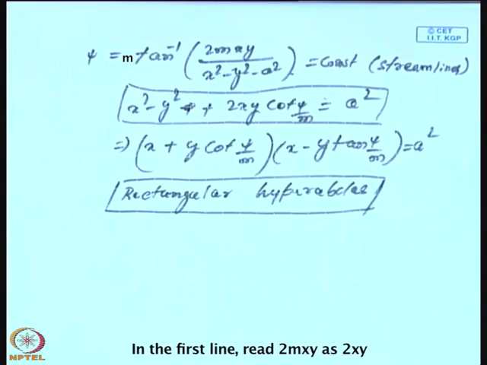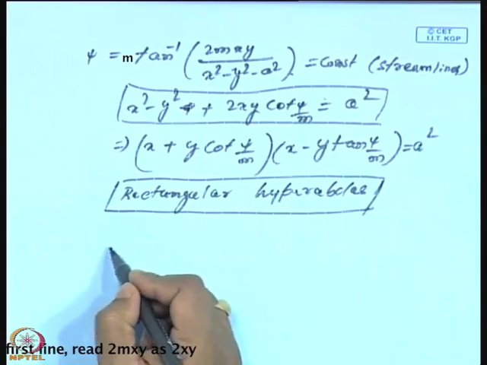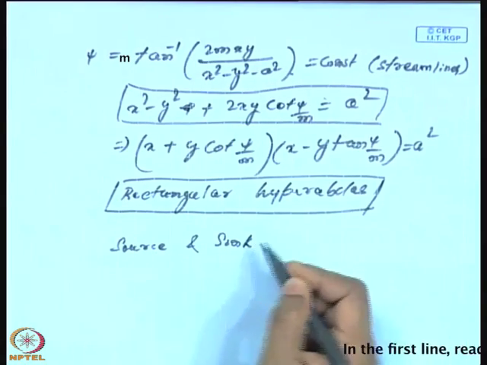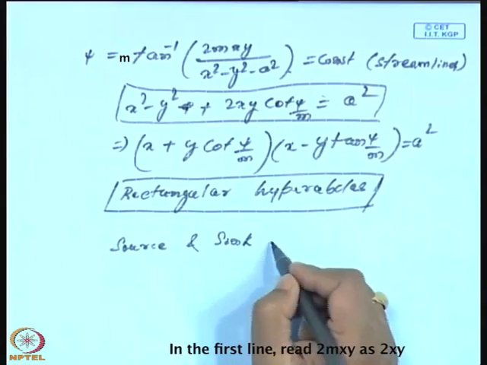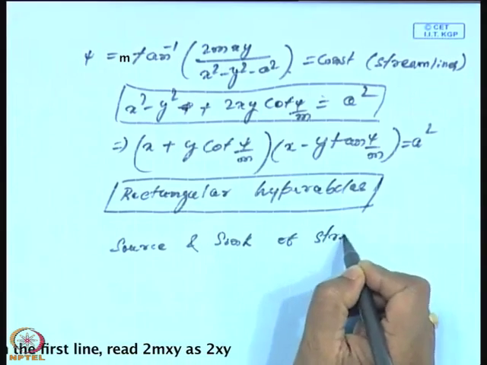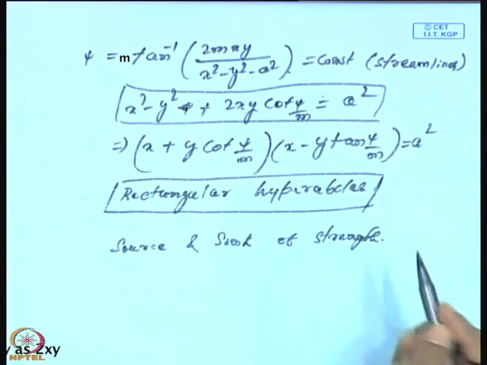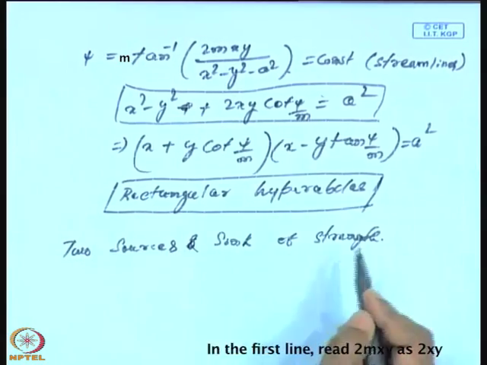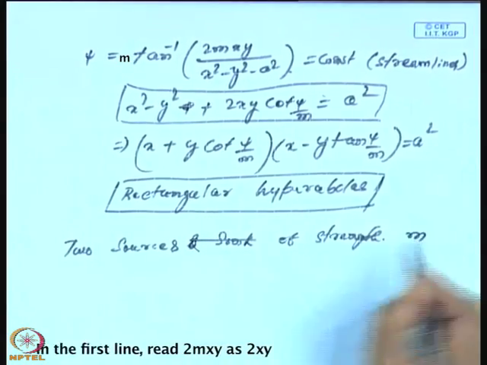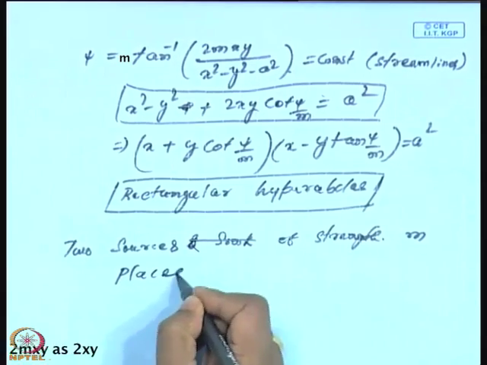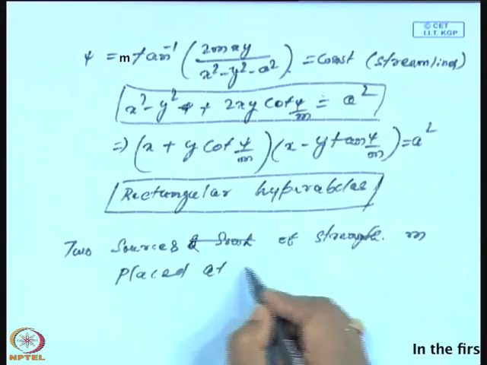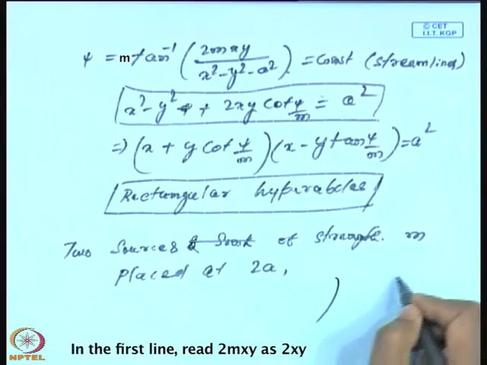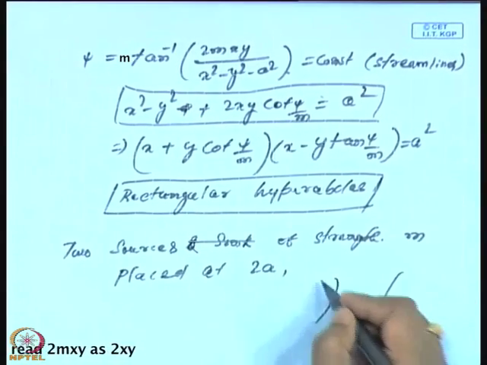So what we have seen in the two examples: when we have two sources of strength m placed at distance 2a, then we are getting hyperbolas, rectangular hyperbolas.